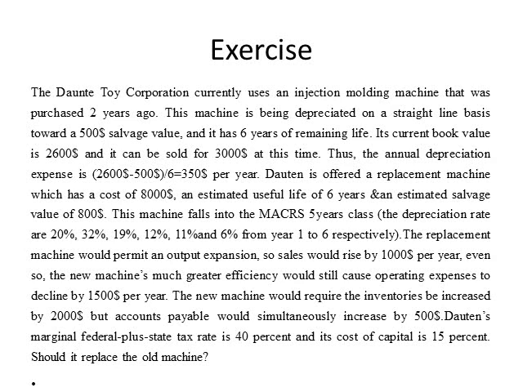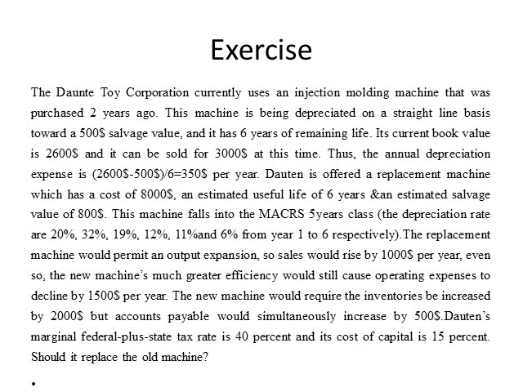This machine falls into the MACRS 5 years class. The depreciation rates are 20, 32, 19, 12, 11, and 6% from year 1 to 6 respectively. The replacement machine would permit an output expansion, so sales would rise by $1,000 per year.